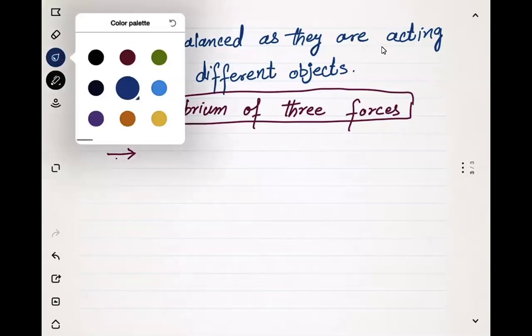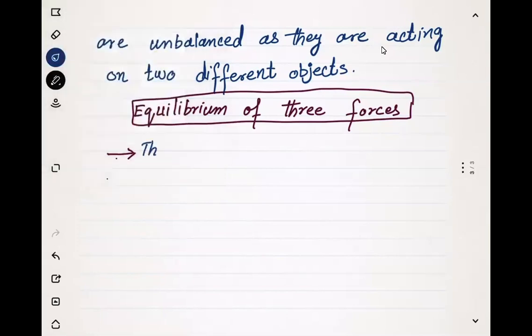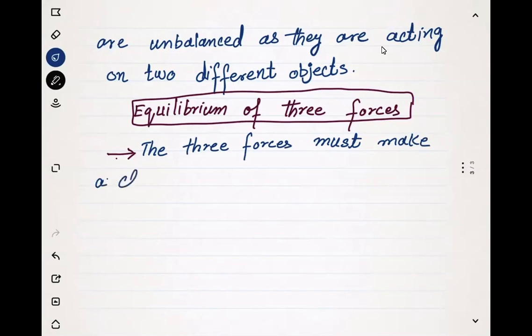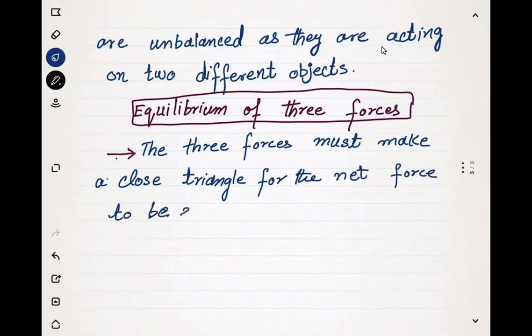So we must say that the three forces must make a closed triangle for the net force to be zero.